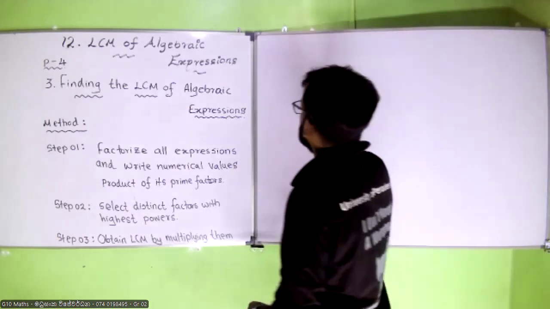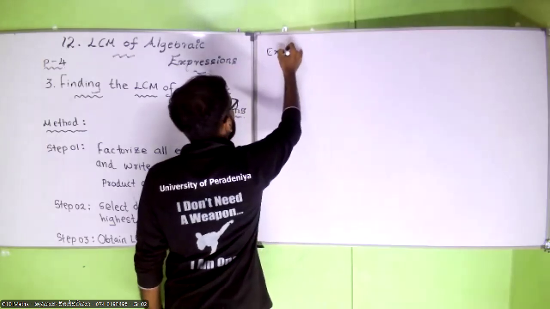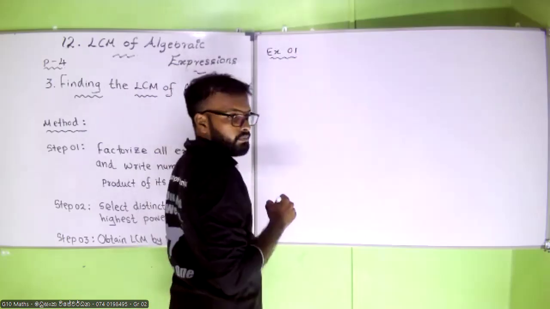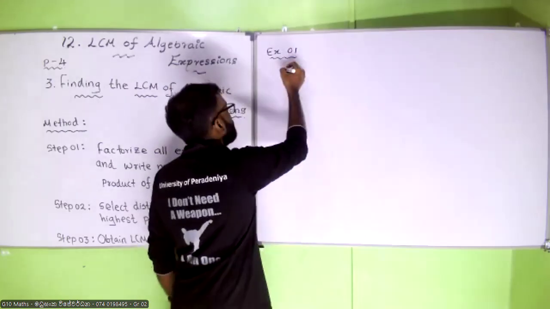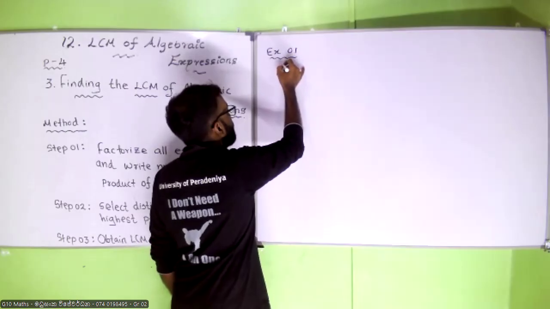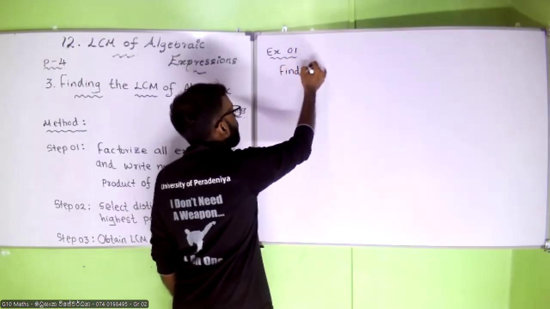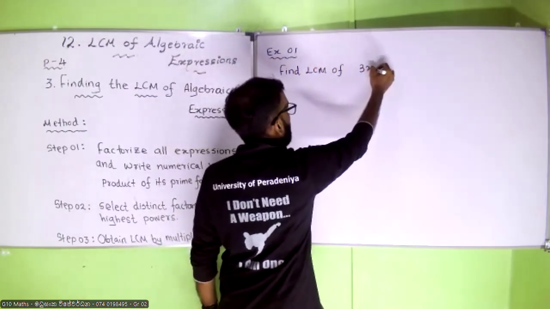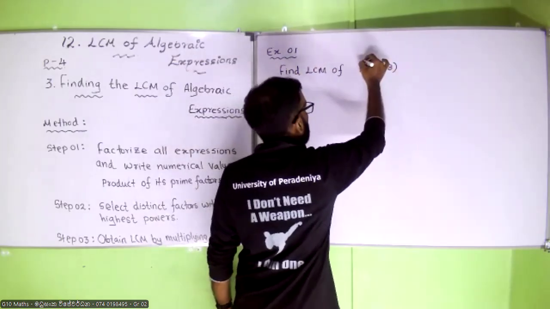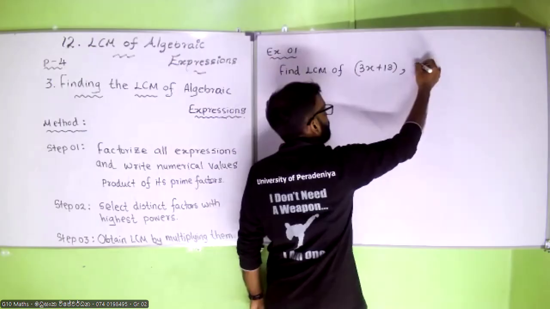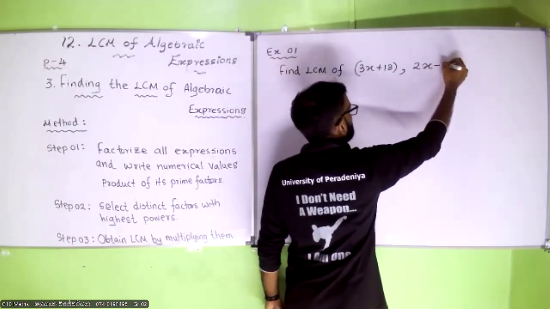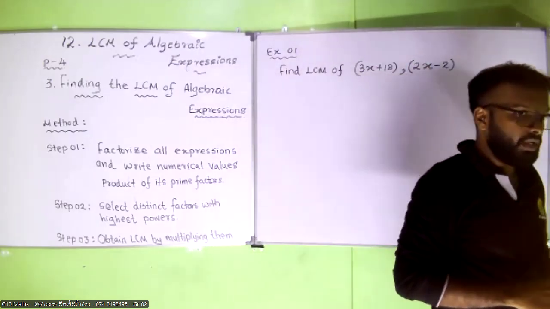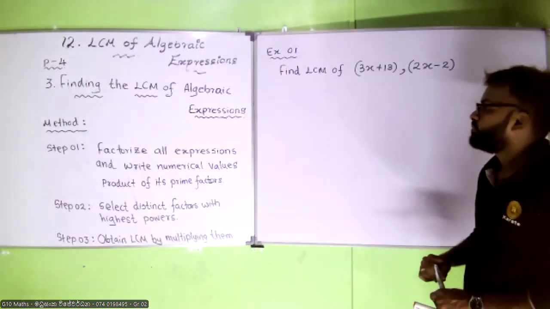Example number 1. Comma, 2x minus 2. So these are the two binomial expressions that you are having here.